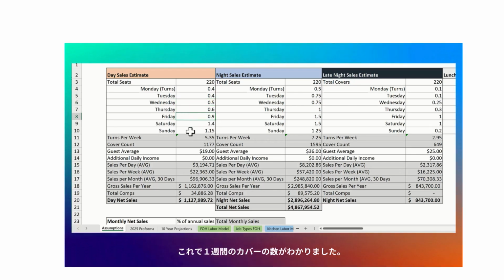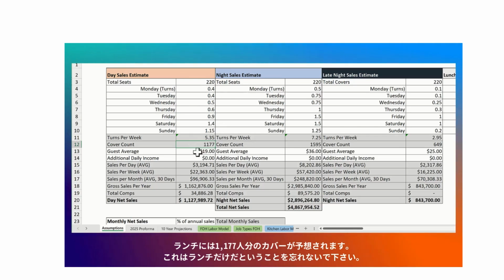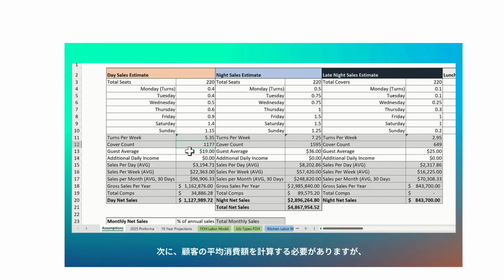And so then what we do is we have a total cover count per week. So for lunches, we're going to do about 1,177 covers or guests. And again, this is just for our lunch. And then what we do is we have to figure out how much is each one of those people on average going to spend.